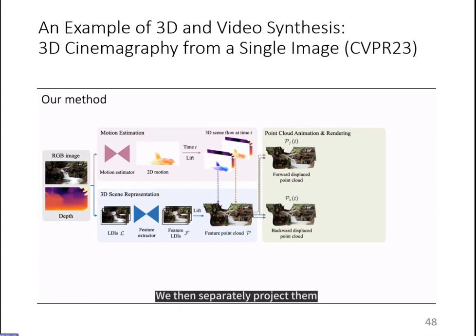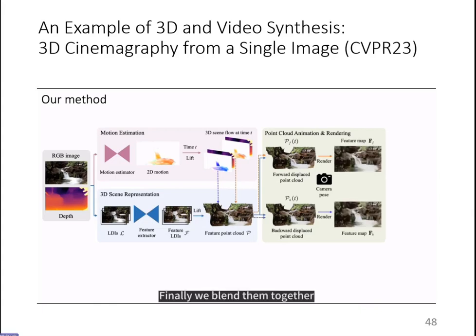We then separately project them into target image planes to obtain feature maps. Finally, we blend them together and pass the result through our image decoder to synthesize a novel view at time t.